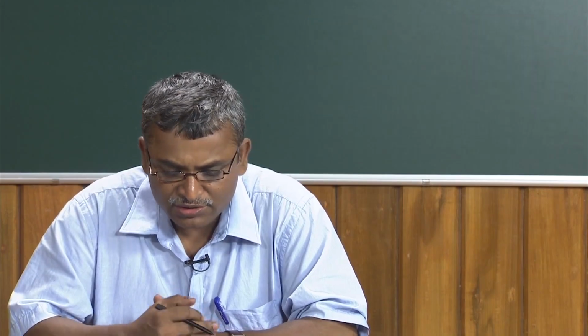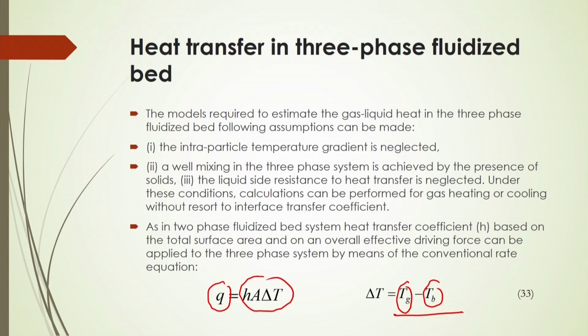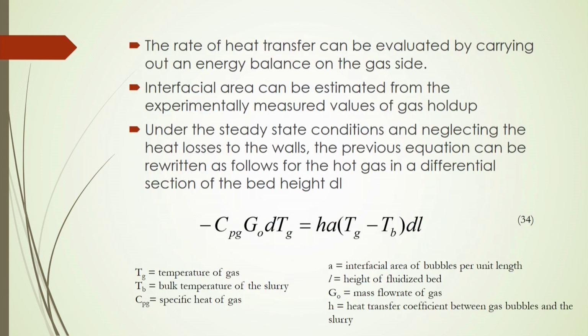Under these conditions, calculations can be performed for gas heating or cooling without resort to an interface mass transfer coefficient. As in the 2-phase fluidized bed system, a heat transfer coefficient based on the total surface area and on the overall effective driving force for the temperature can be applied to the 3-phase systems to calculate the convective heat transfer rate or heat transfer coefficient.